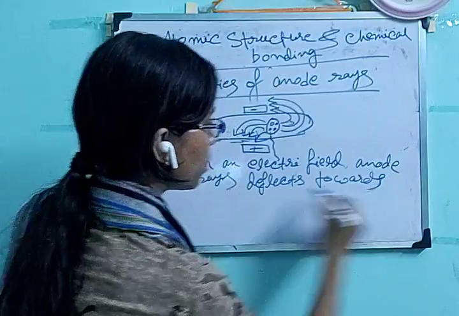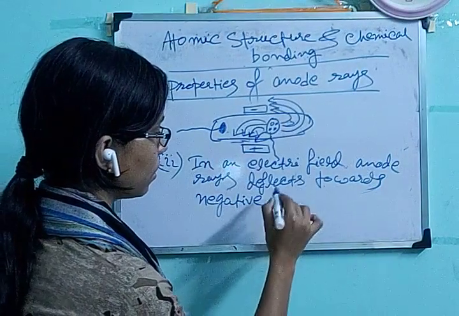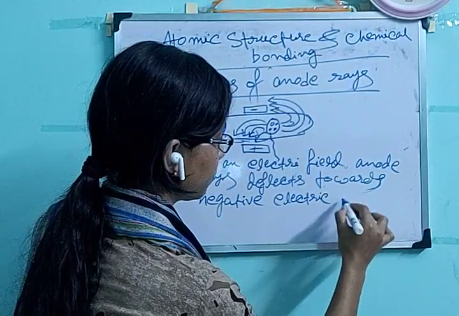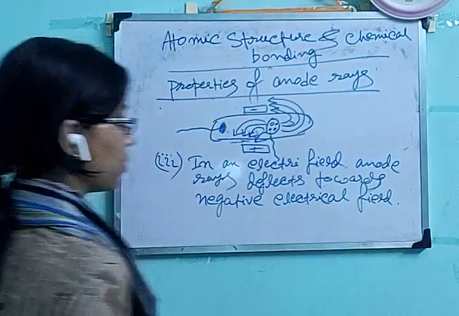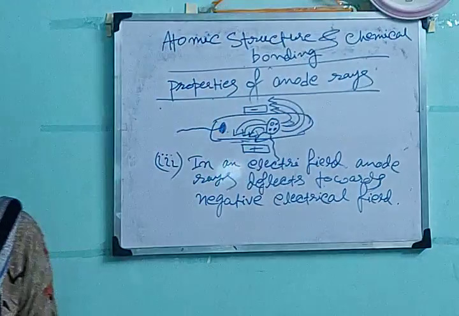The negative electrode, towards the negative electrical field. That proves that the anode rays are positively charged.